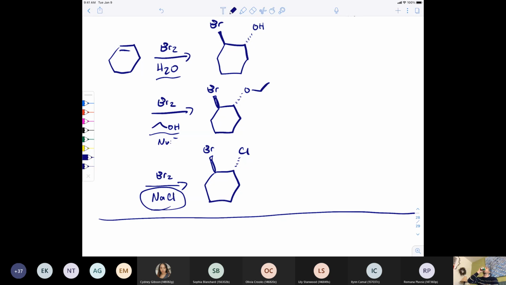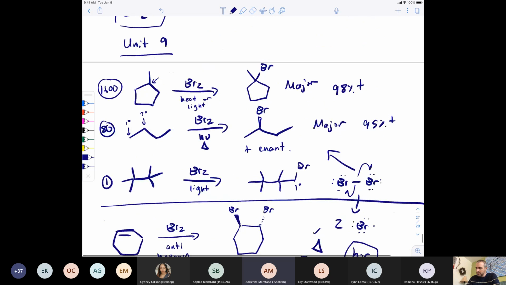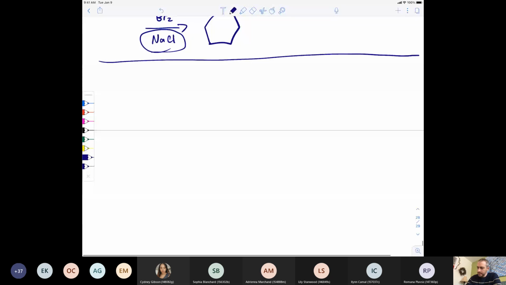You were talking about relative reactivity, like up above. Why is something that is more substituted more reactive? Yes, because the mechanism looks like this. This is reacting with a bromine radical, and this produces a carbon-centered radical.